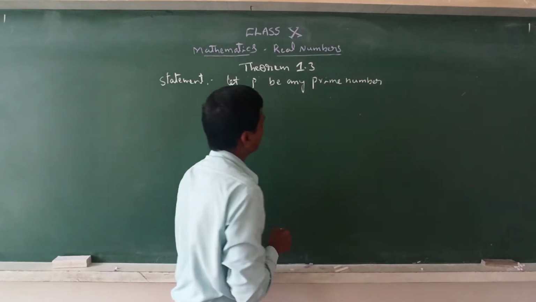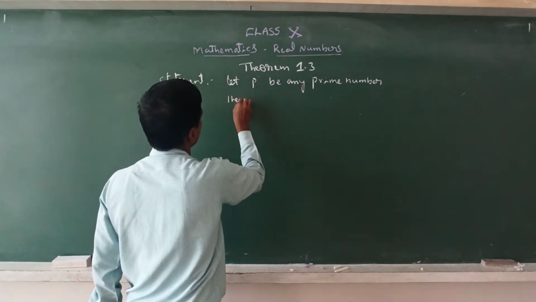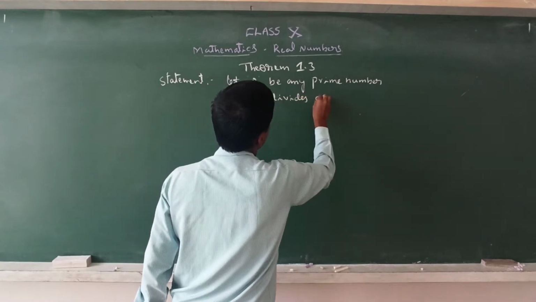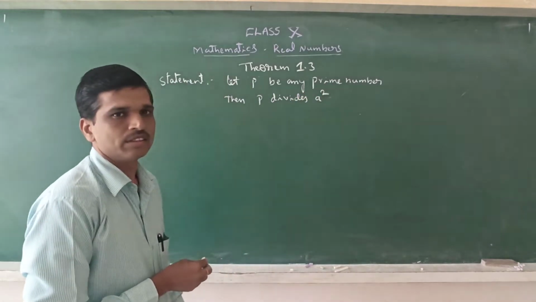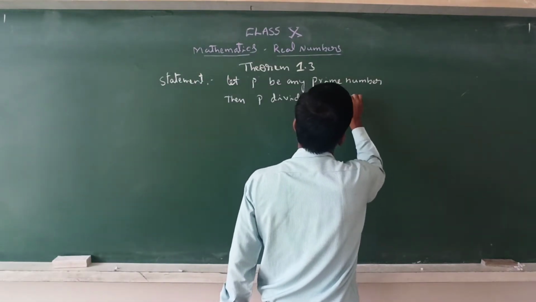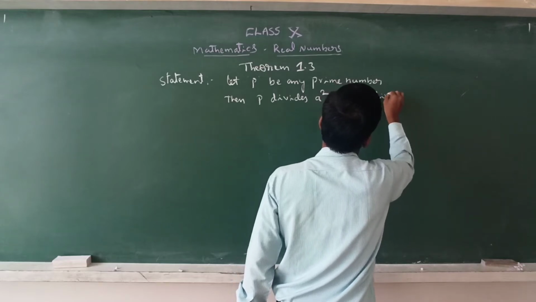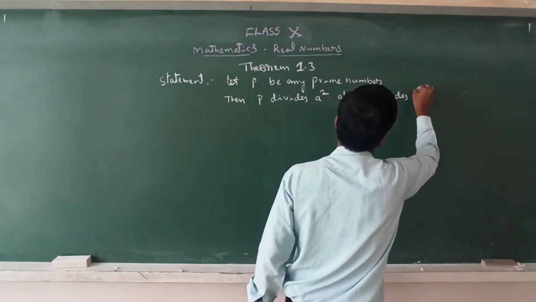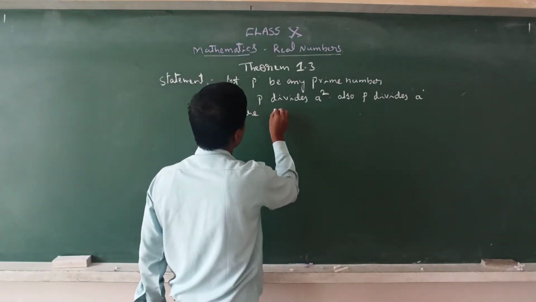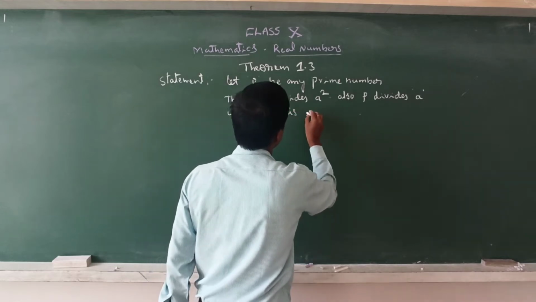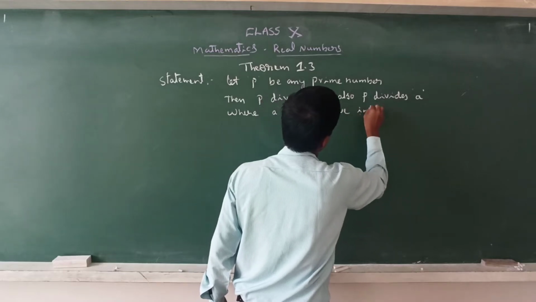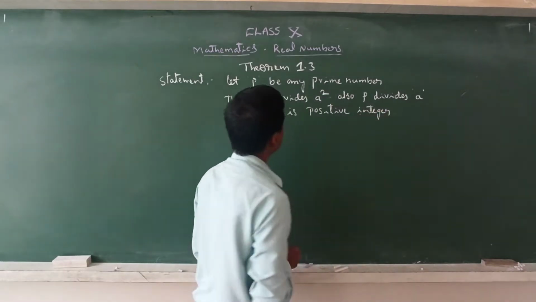Then if P divides a square, automatically P also divides a, where a is a positive integer. So this is the statement.